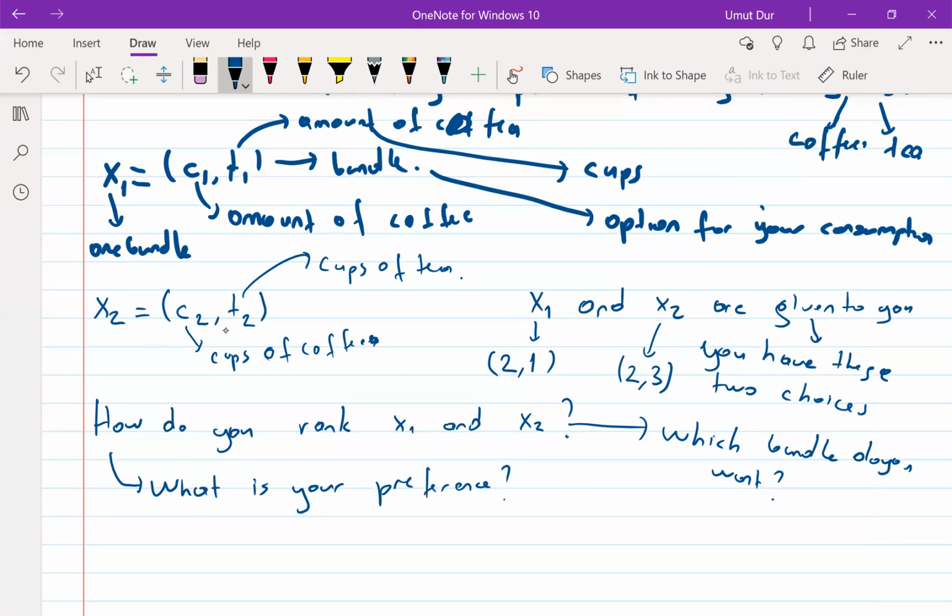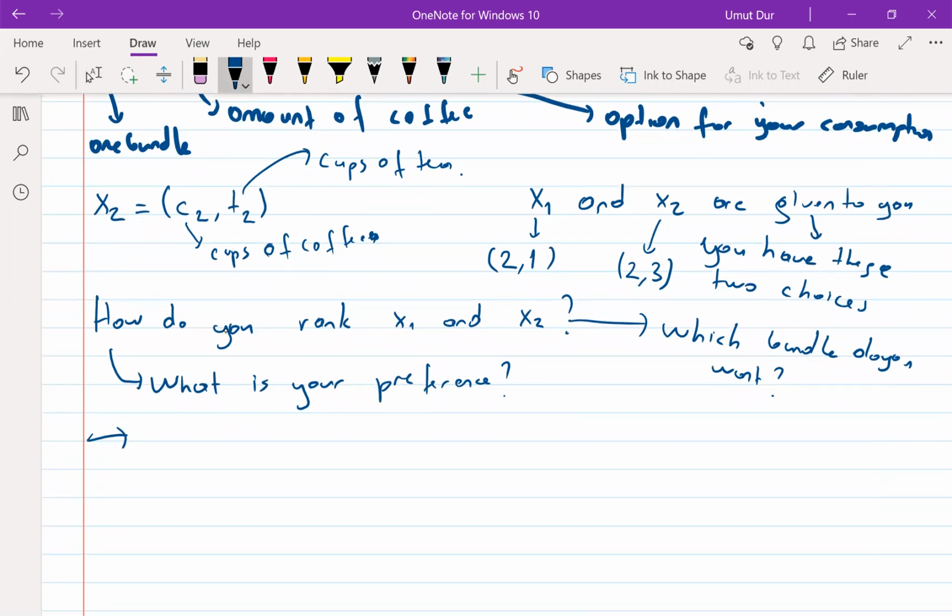As you can see, in real life, for example, if one cup of coffee is, I don't know, 10 Turkish liras at Starbucks, and one cup of tea is just 2 Turkish liras in the küçük ev, you can have different thoughts in your mind, like whether you can afford it or not. But here there is no price.